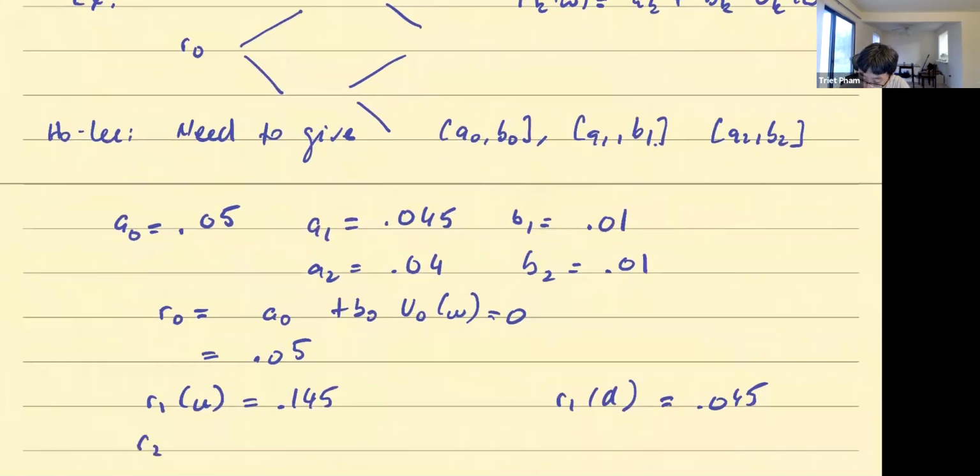Now R2: UU would be A2 plus 2B2, so that would be 0.06. Oh, wait, hold on, I added things wrong. So it's not 0.045, 0.05, 0.145; it's 0.055.